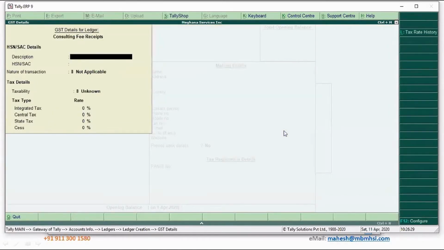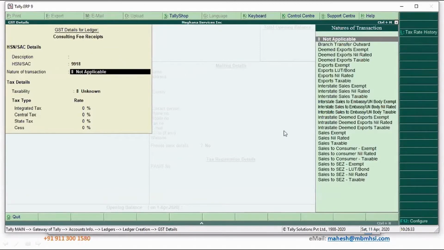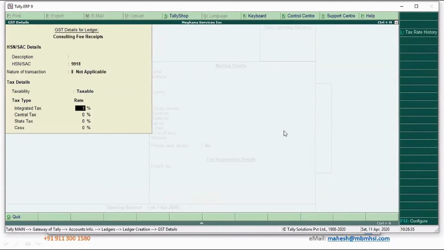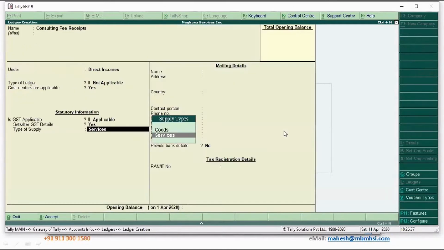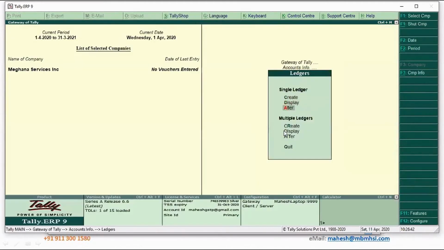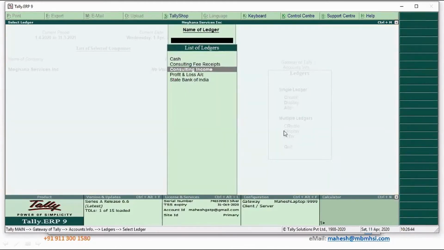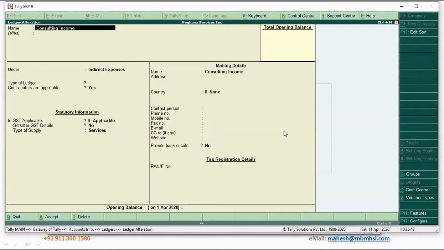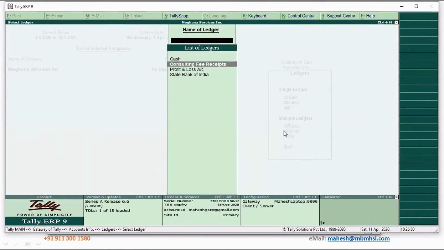Here I could specify my GST SAC code, say taxable at 18%. So this is my services. Similarly I also had one more income, consulting income, but I'll remove this because I've just created consulting fee receipts.